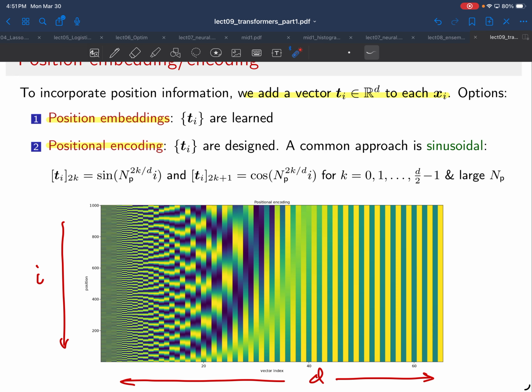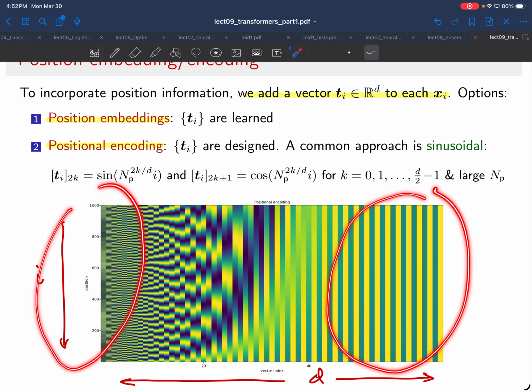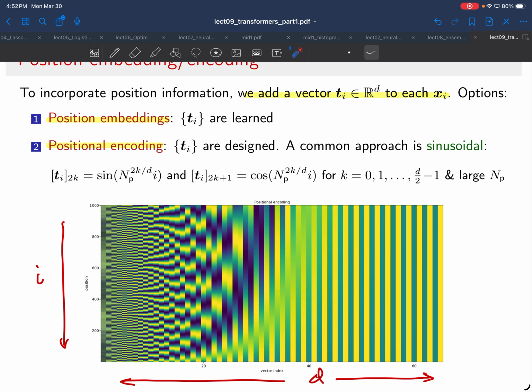Some parts of this change very slowly. Over 1,000 time steps, they only change a portion of a cycle. And then down here, you have very quick changes, so from one to the next, you get oscillations. These parts are not even really being used for this context length, but if you made the context length longer, then you would start using these to also encode position.